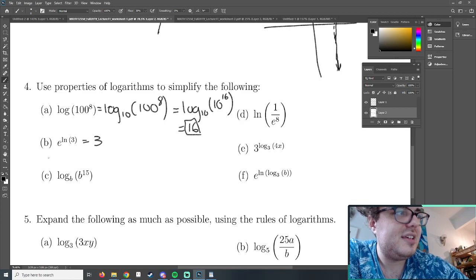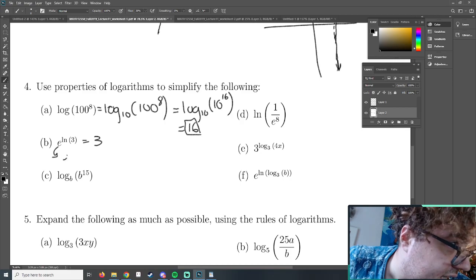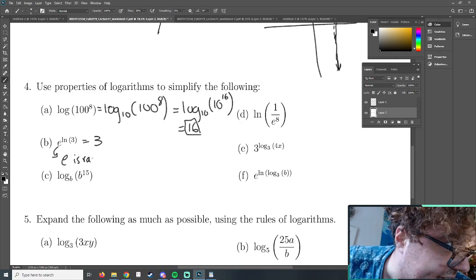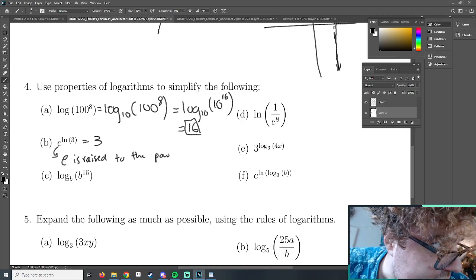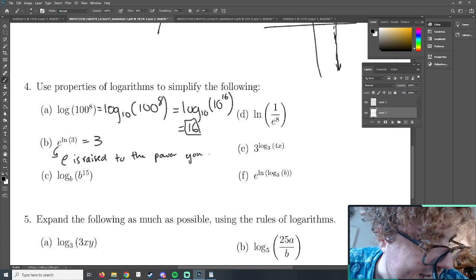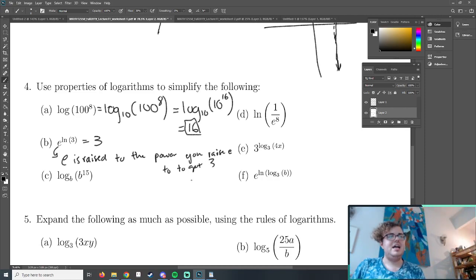The other way to think about this is, it says e is raised to the power you raise e to get 3. ln 3, log base e of 3, is literally the power I would raise e to make it equal 3.